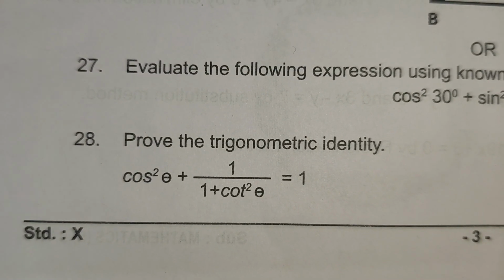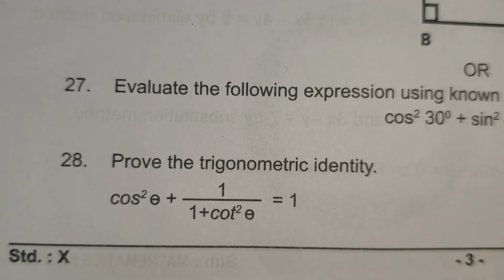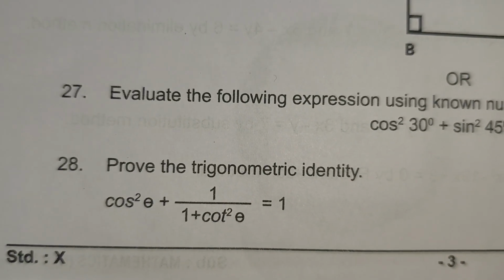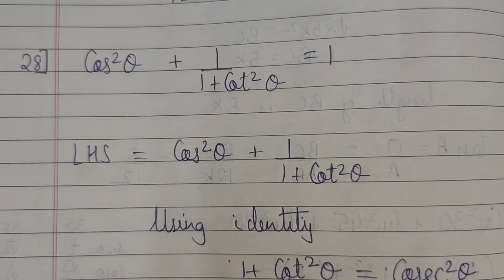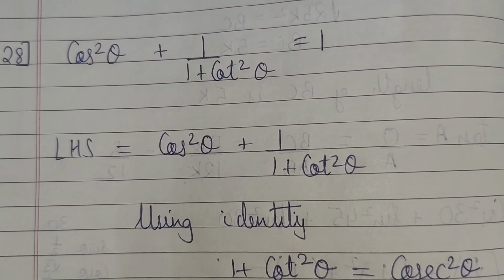Question number 28. Prove the trigonometric identity: cos² theta plus 1 upon 1 plus cot² theta is equal to 1. So LHS is equal to cos² theta plus 1 upon 1 plus cot² theta.